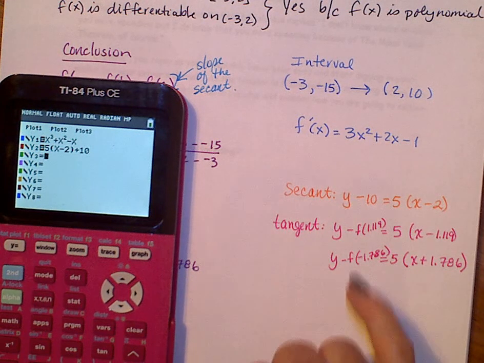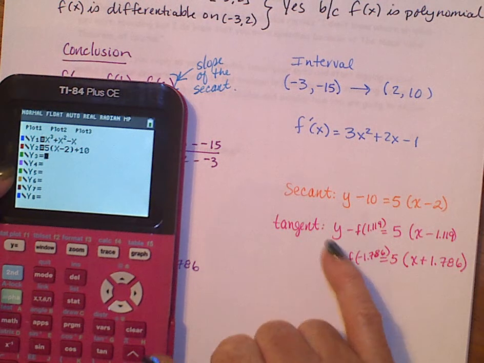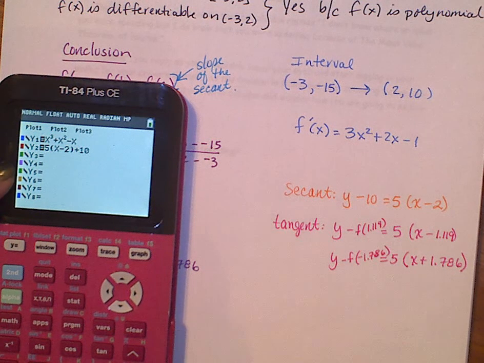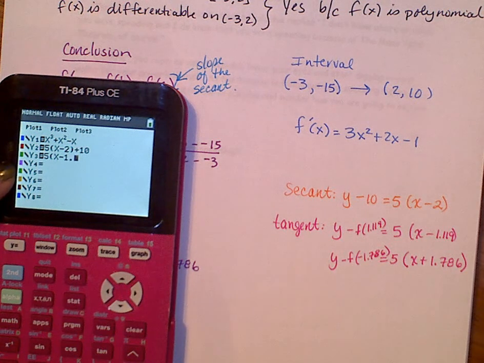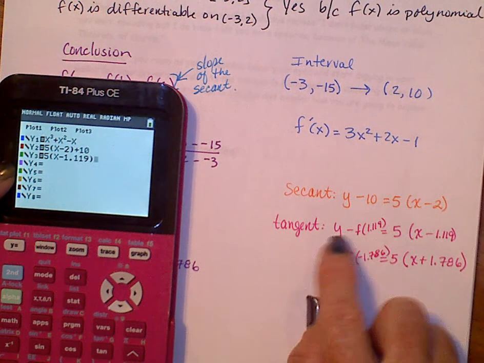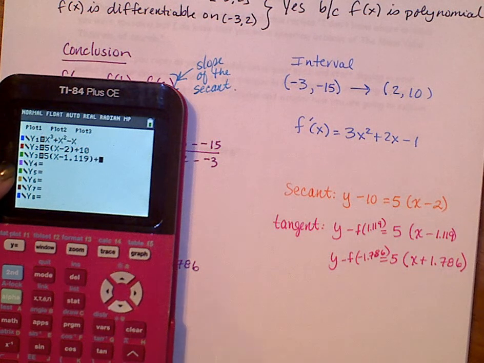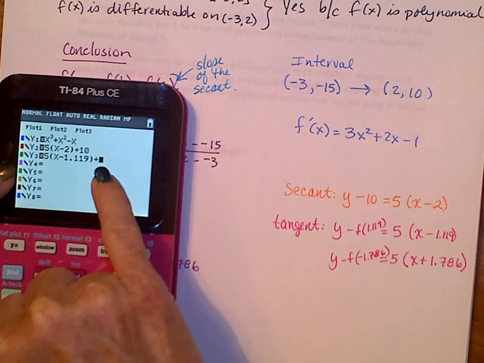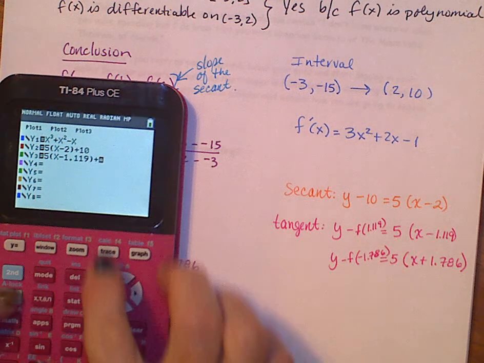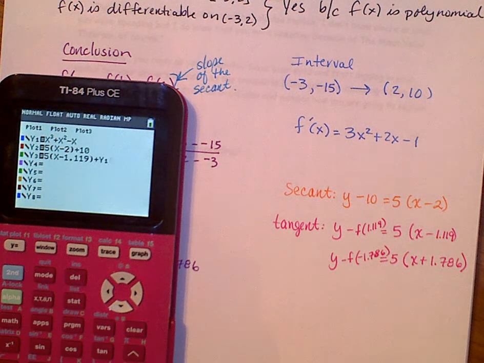To get the tangent line, I'm going to do the same thing, 5 parentheses x minus 1.119, close. And then I'm going to add over this function evaluated at 1.119. So plus, and that function is typed in at y1, so we can go y1 of 1.119.